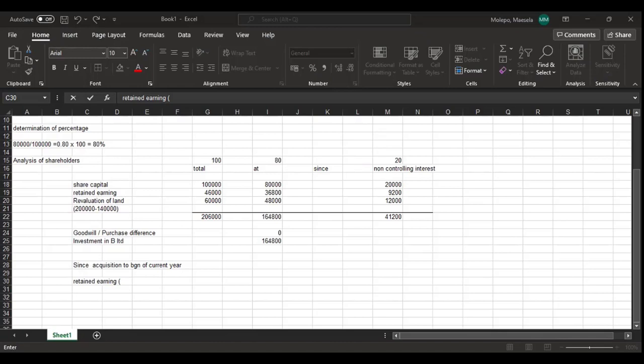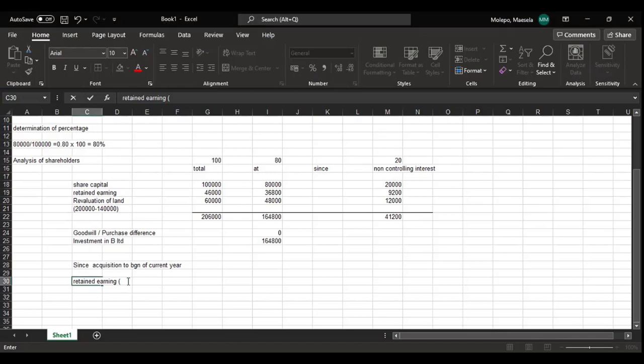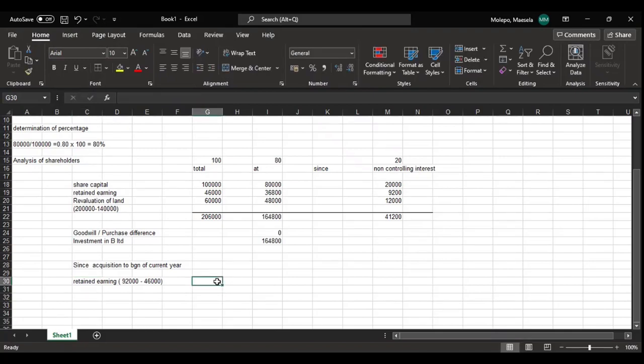Do you see it? Minus the retained earnings at acquisition, the date we acquired, when the retained earnings was 46,000. So we don't have any profit realized. We say 92 minus 46. Then since acquisition, it will be 80% for the parent, and that side will be 20%. Then we can close off.